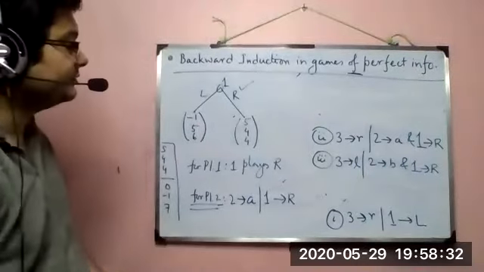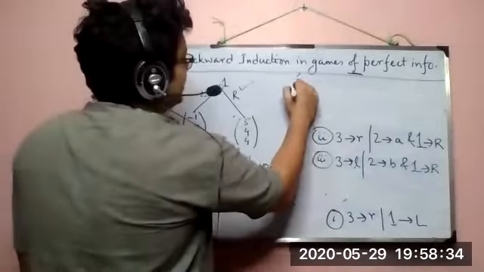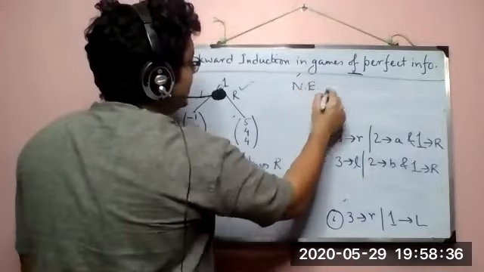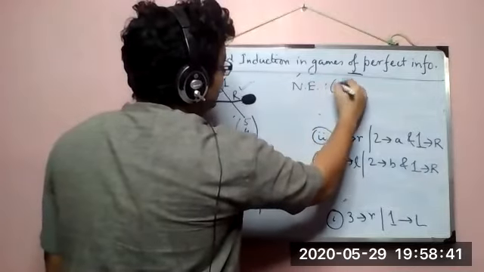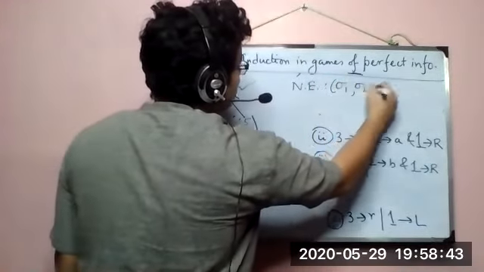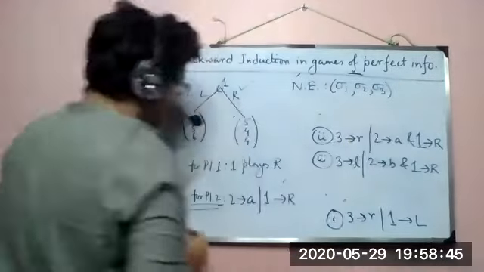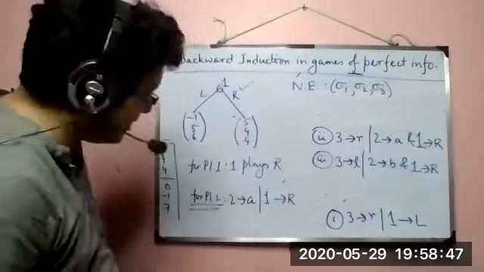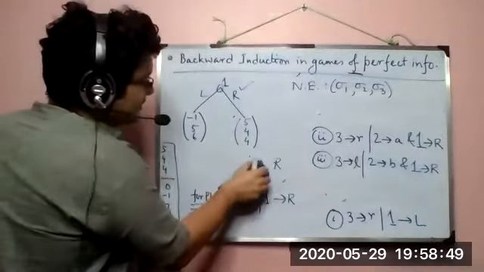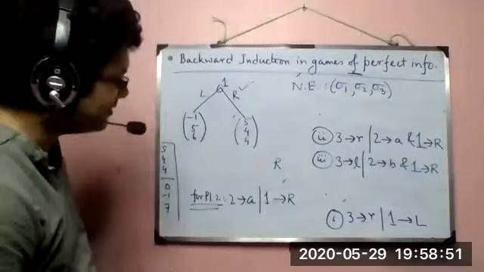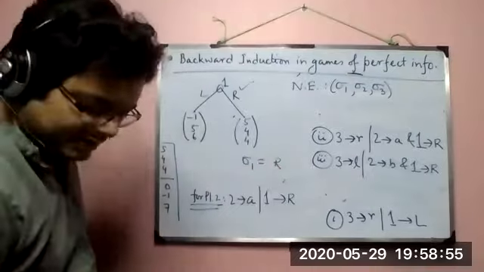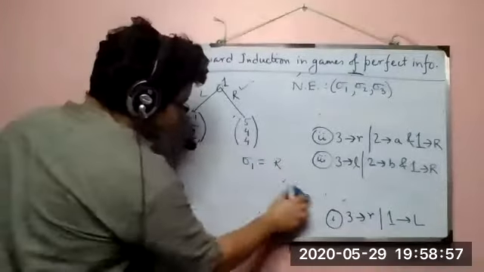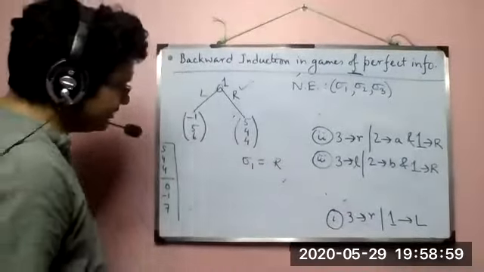So if I write it, then the NE, that is Nash equilibrium found by backward induction, will be sigma 1, sigma 2, sigma 3, where sigma 1, just for using general symbols, we are using sigma, which basically symbolizes mixed strategy, right?